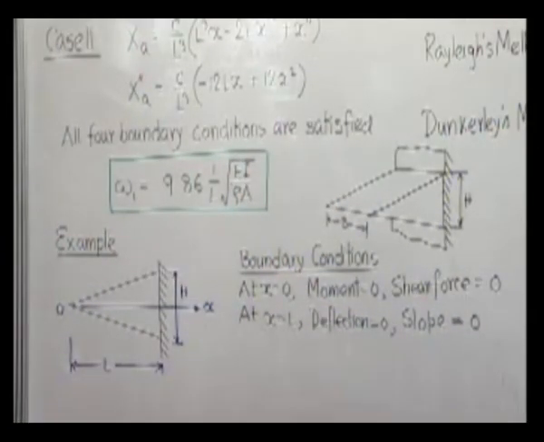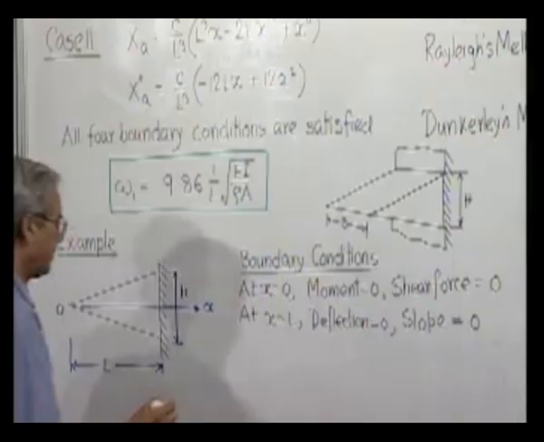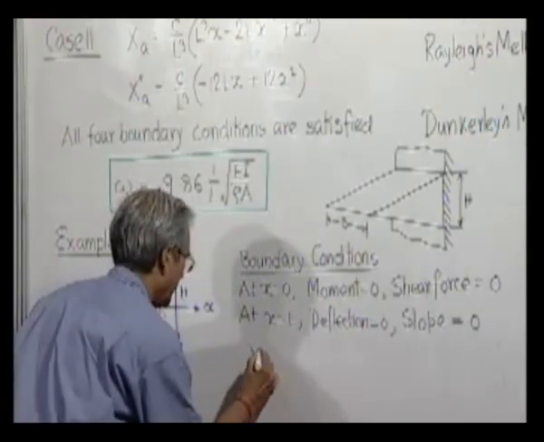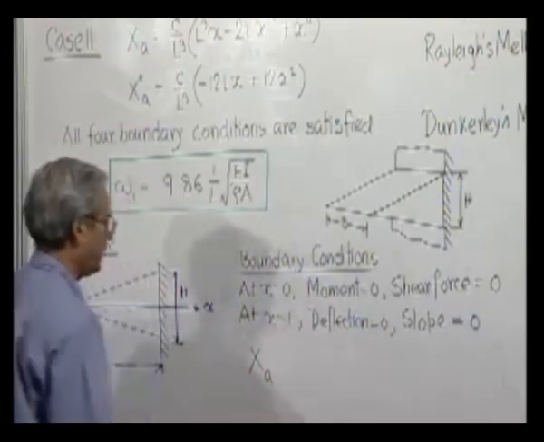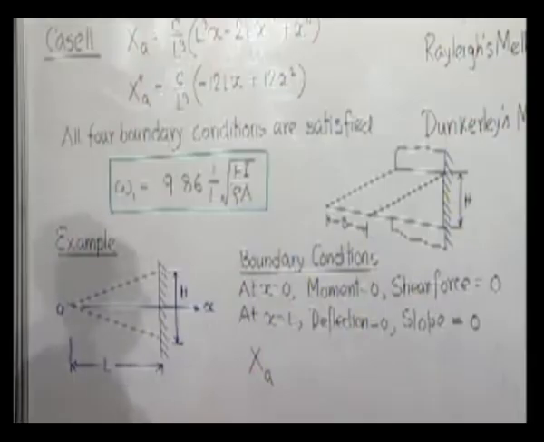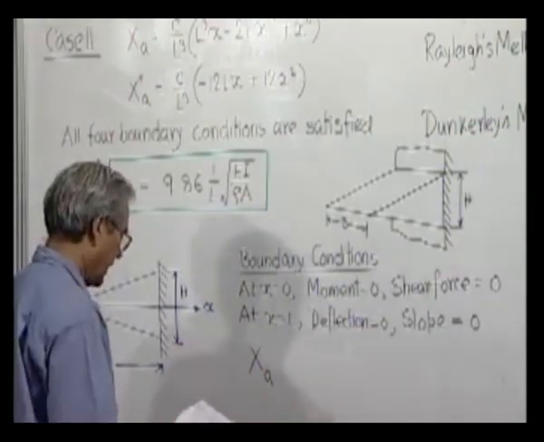So, we now choose a mode, we assume a mode shape XA in such a way that all the boundary conditions are satisfied. We will do it here like this.